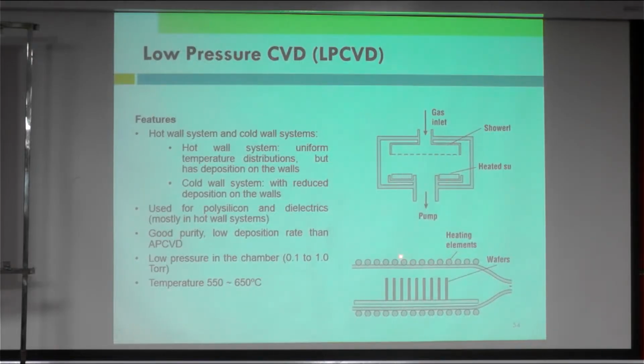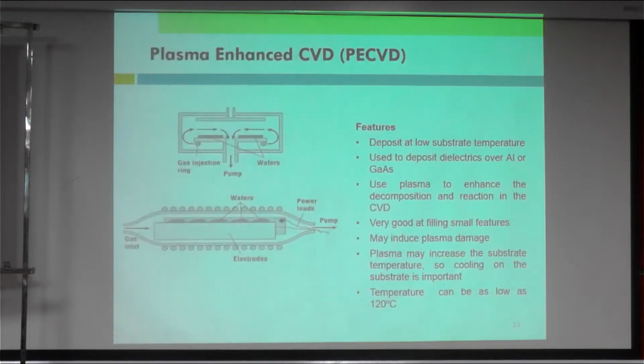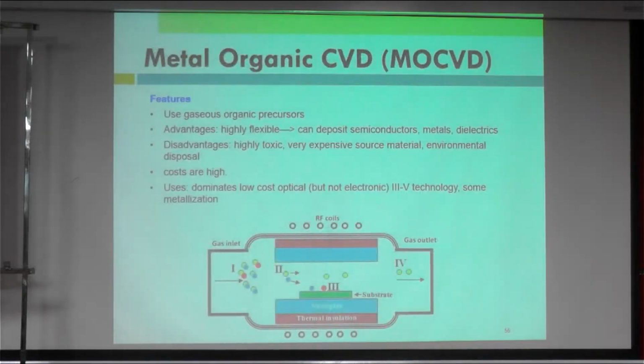You have different arrangements as well. This is LPCVD, and this is a kind of PECVD setup layout. So with different setups and arrangements of the CVD, you can have different quality of the deposited film.